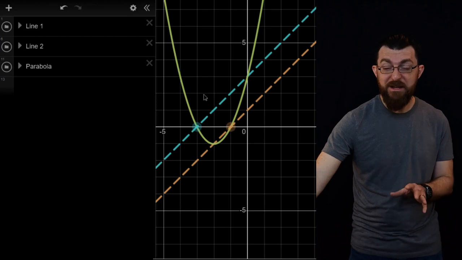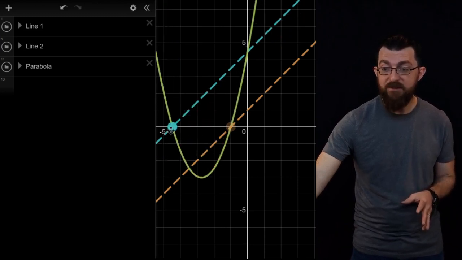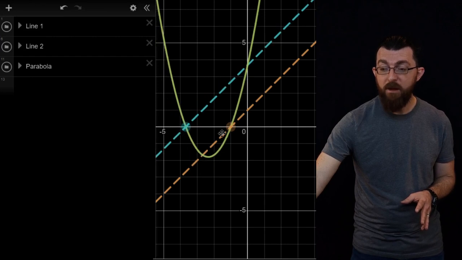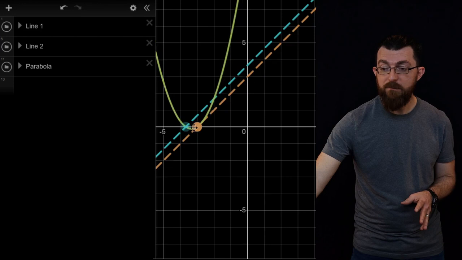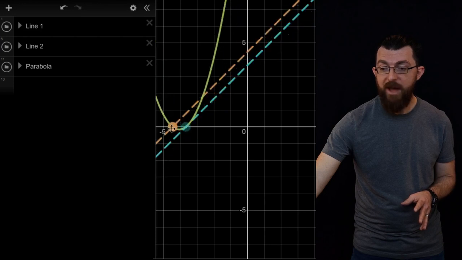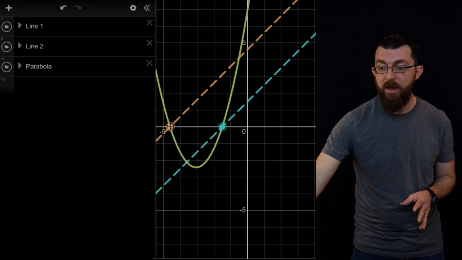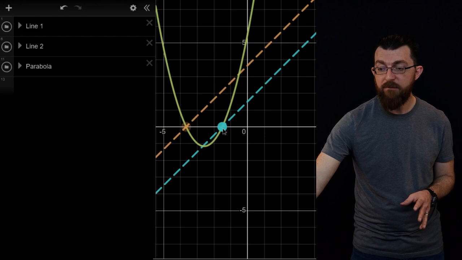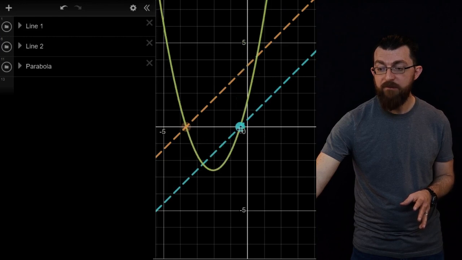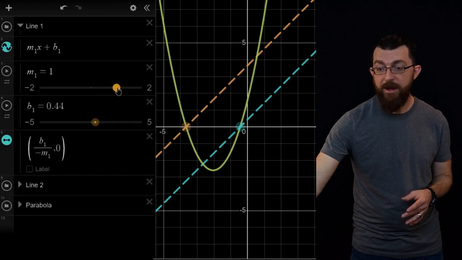And what's cool is, if I drag these lines around, you'll see that the x-intercepts of the lines follow the x-intercepts of the parabola. In fact, I can move this line past the other one, and it doesn't matter. They just change places, who's on the left and who's on the right. Now, this isn't quite complicated enough for me to make this parabola flip upside down. To make that happen, I would need to change one of the slopes to negative. So let me go ahead and do that.